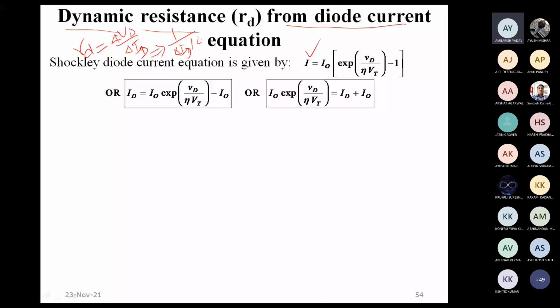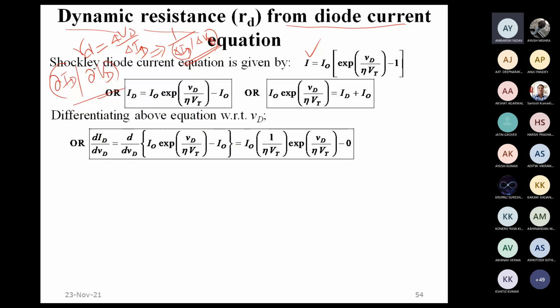So the idea is to find this ratio first and then take the inverse of that. For small changes in the current or voltage, this change becomes the derivative. So here we are trying to find out del ID upon del VD first, and from here we will calculate this dynamic resistance.